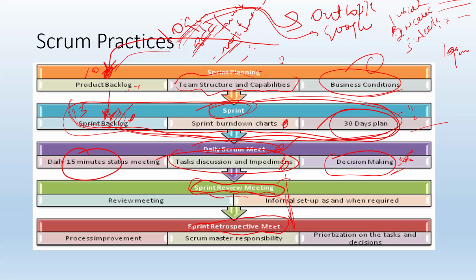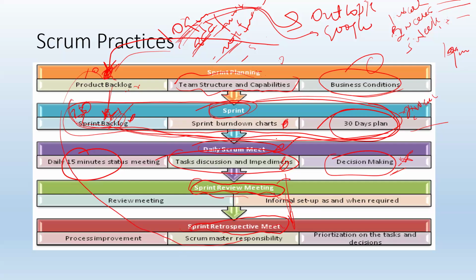Then again, the same cycle repeats itself. You go to sprint planning, commit like you take 30, then after 30 we do our burndown chart, then we say, okay, the sprint will last for 2 weeks, and we start developing.